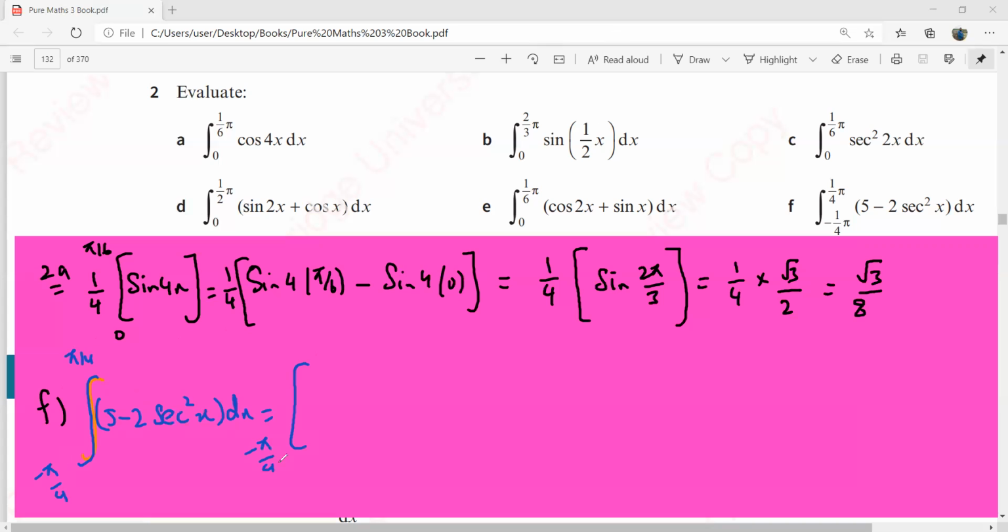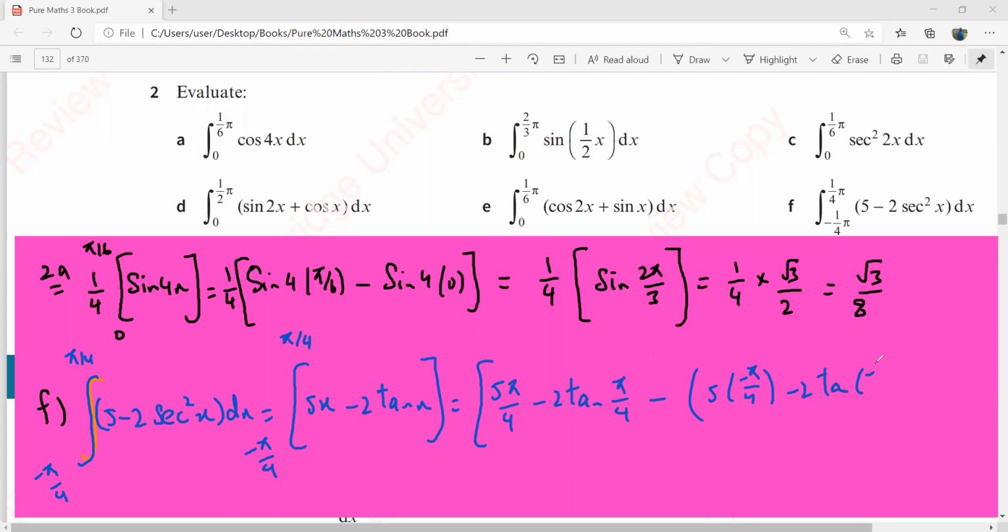This gives 5x minus 2 tan x, between minus pi by 4 and pi by 4. So now we apply the limits. This is 5 pi by 4 minus 2 tan pi by 4, minus 5 into minus pi by 4 minus 2 tan of minus pi by 4.